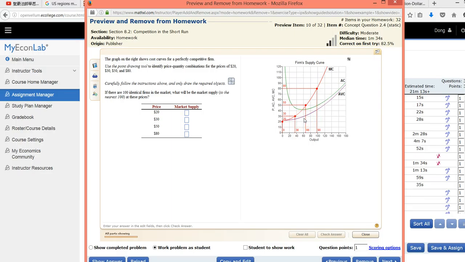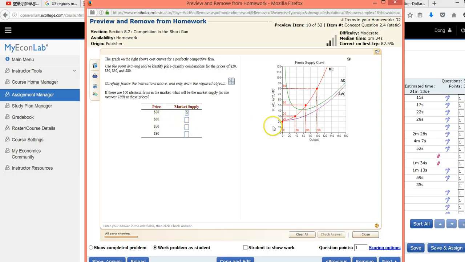And in this case, because we have 100 identical firms, the market supply is the individual supply multiplied by 100. So when price equals $20, the individual supply is 0, hence market supply is also 0.